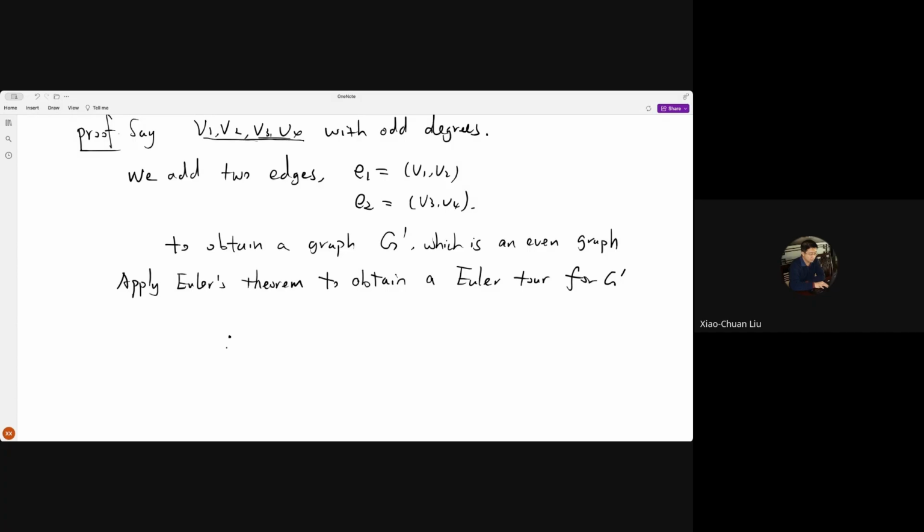Imagine we have an Euler tour. I don't know how to draw this, so let's say v0, e1, v1, e2. It's not very rigorous, because it's possible to have the same vertices; v1, v2 could be the same. It's just a way of writing.